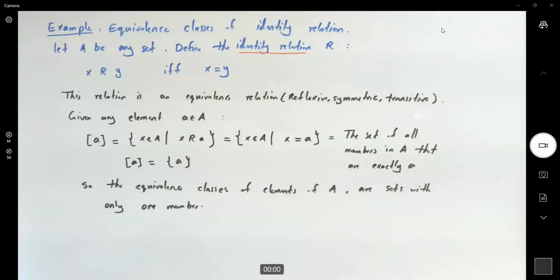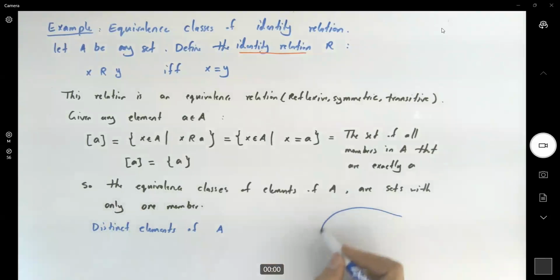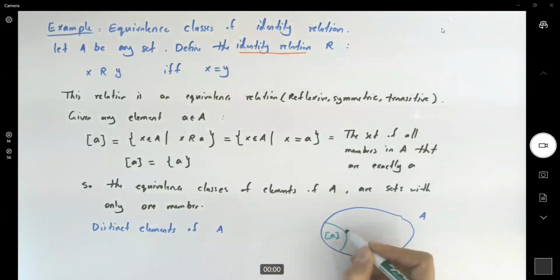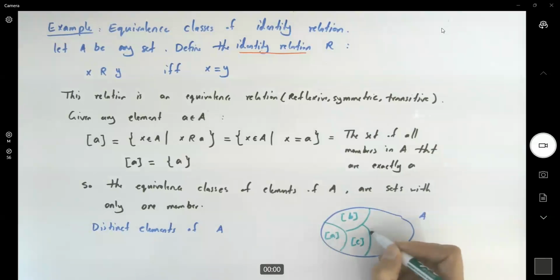So if there is no repetition in set A, with distinct elements, then if you want to form a partition for set A, it's going to be as follows. For example, you have the equivalence class of A, equivalence class of B, equivalence class of C, equivalence class of D, and you can continue this process.